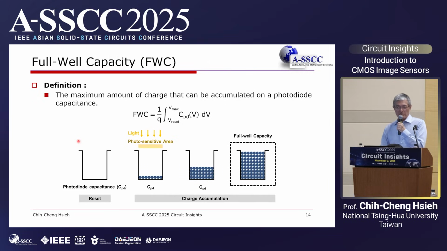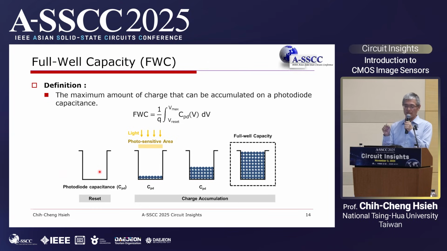Okay, the third parameter here is the full well capacity. The full well capacity describes how much charge you can handle, which means the maximum signal level you can handle in your sensor. We know the photoelectric effect does the photon to electron conversion.